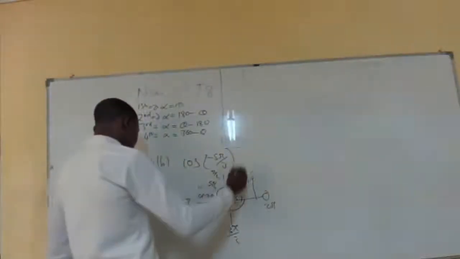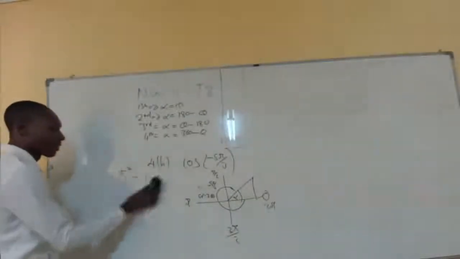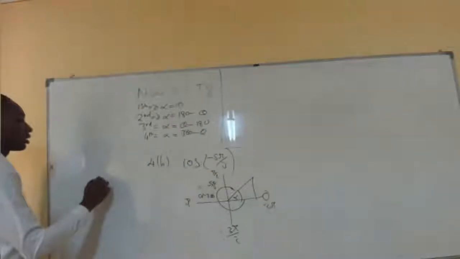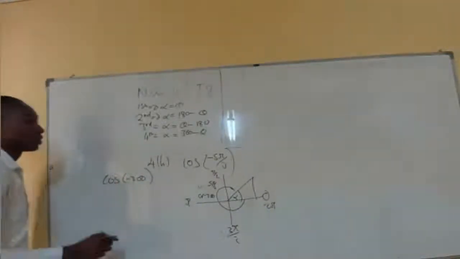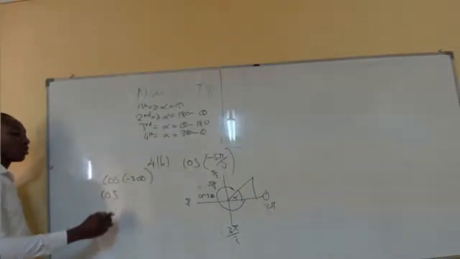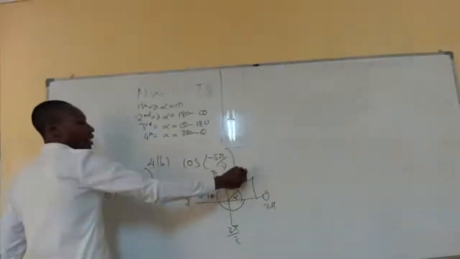So if you're saying cos of negative 300 degrees, cos of 300 is positive here.